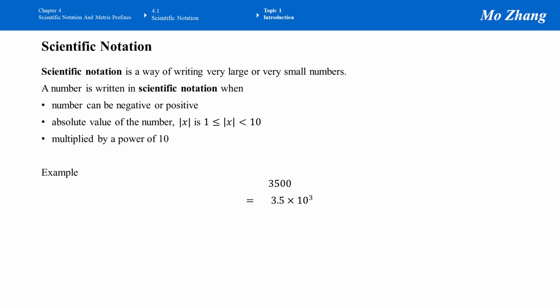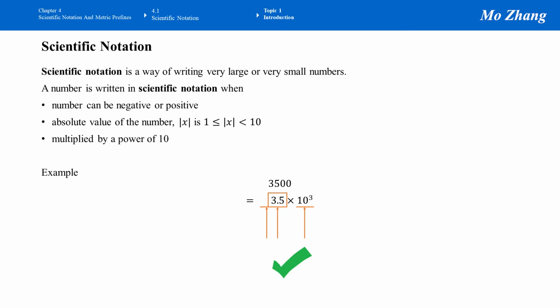As you can see, the number is positive, which meets rule number 1. And 3.5 is greater than or equal to 1 and less than 10. It is multiplied by a power of 10, so it is 10 to the power of 3. This number is expressed in scientific notation format.